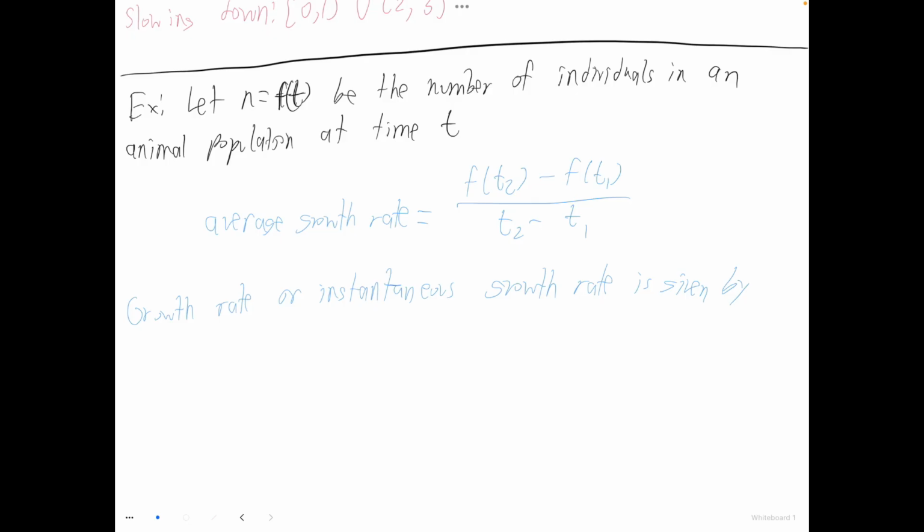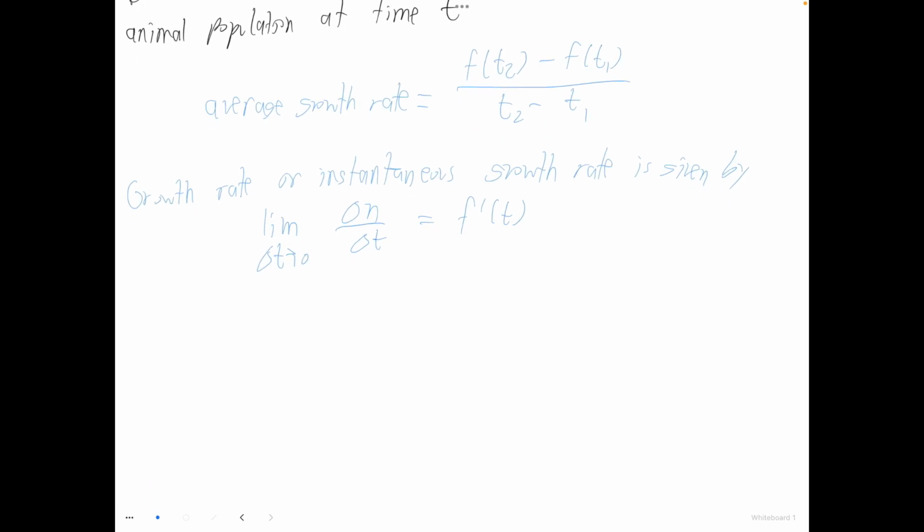And so we'd have the limit as delta t goes to 0 of delta n over delta t, which is just f prime of t. And so if we want to figure out the instantaneous growth rate of a population, we just take the derivative of the function that tells us the population size.